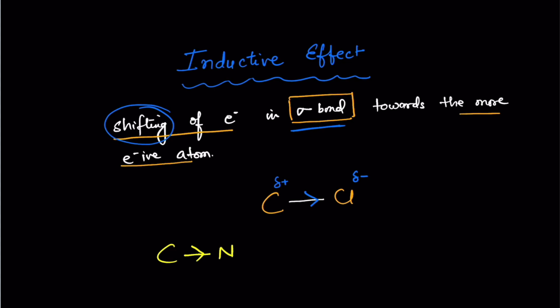So nitrogen will have a partial negative charge and carbon will have a partial positive charge. That is what we are inducing here. Inductive effect is about the induction of partial charge on atoms because of their difference in electronegativity.